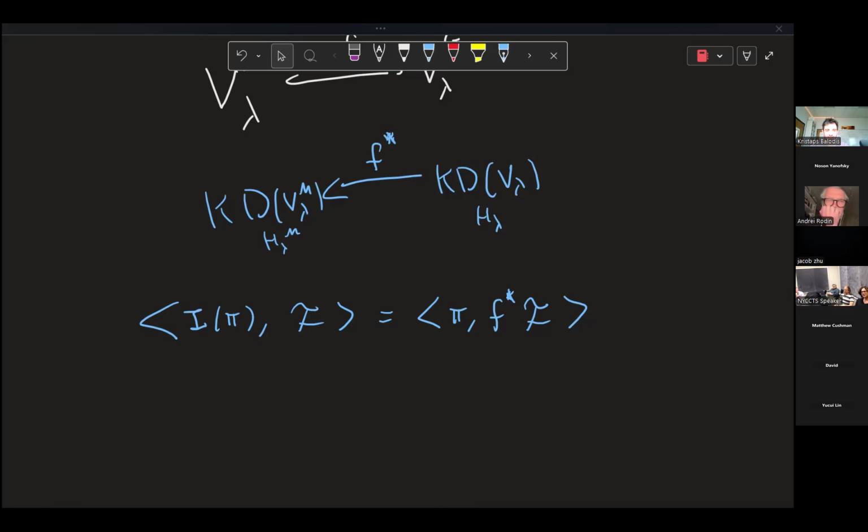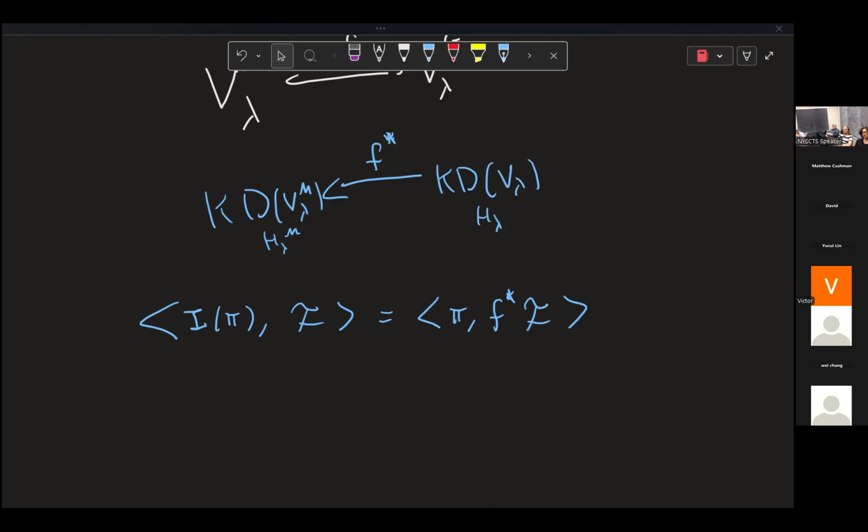Okay, so can this pairing be regarded as some type of intersection pairing? I don't think so. On one hand, one component is eating representations of a p-adic group, and the other component is eating perverse sheaves.